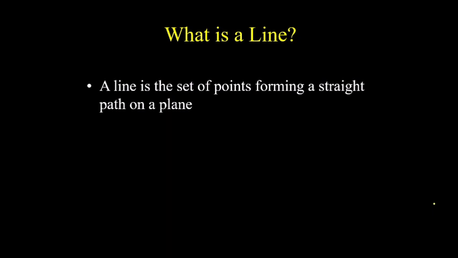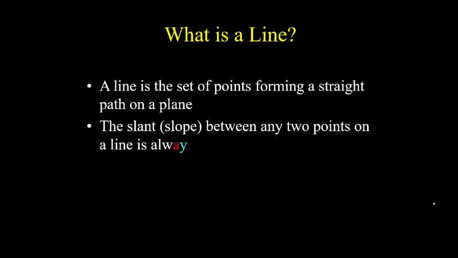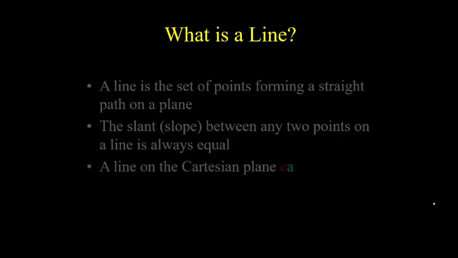When we say line, it is a set of points forming a straight path on a plane. The slope between any 2 points on a line is always equal. A line on the Cartesian plane can be described by a linear equation.